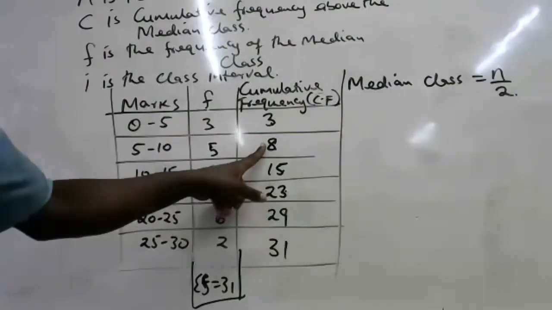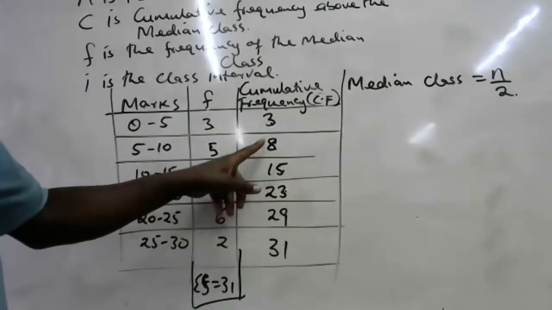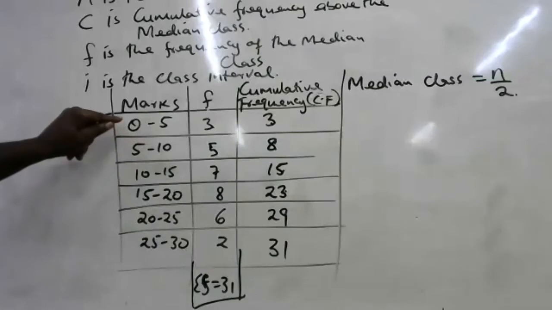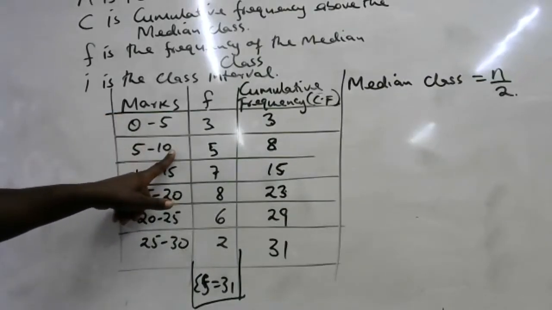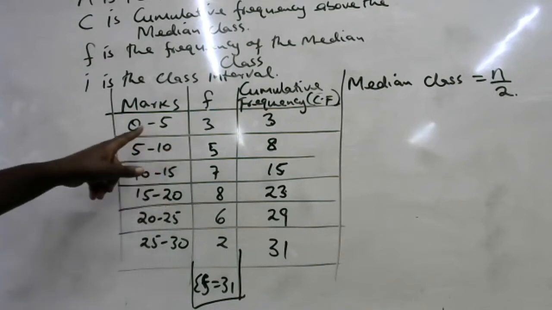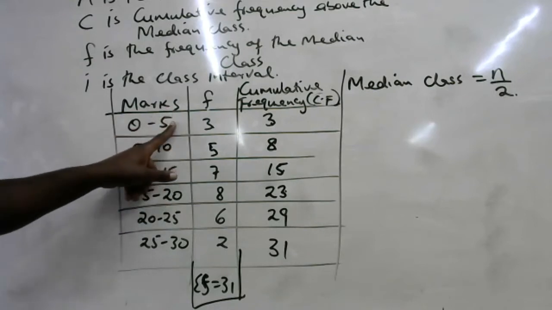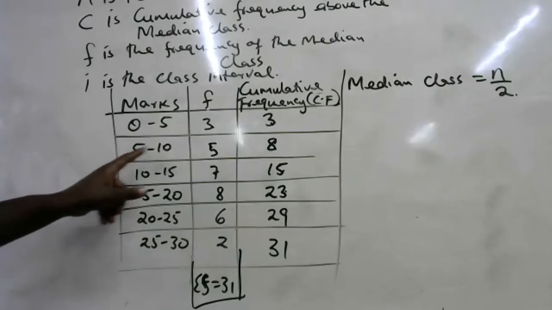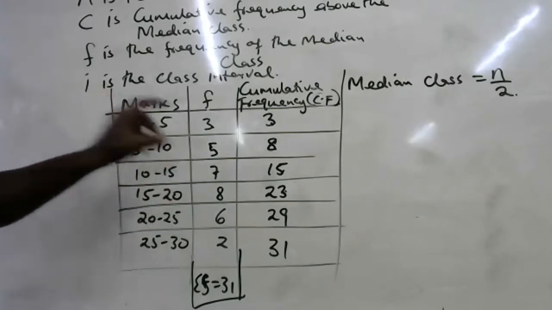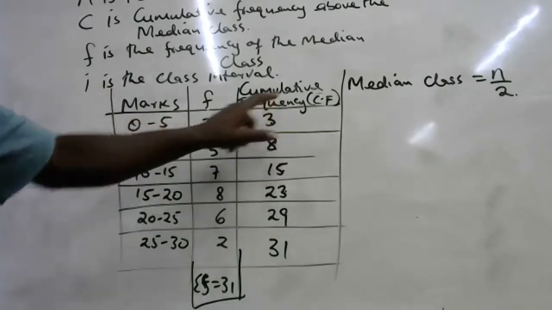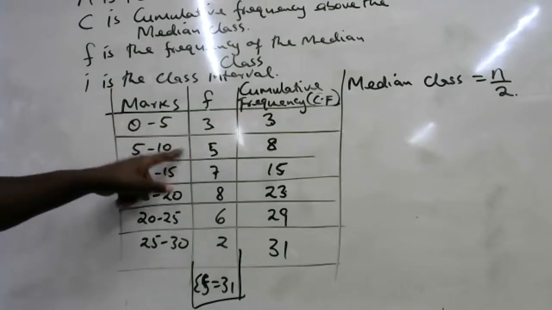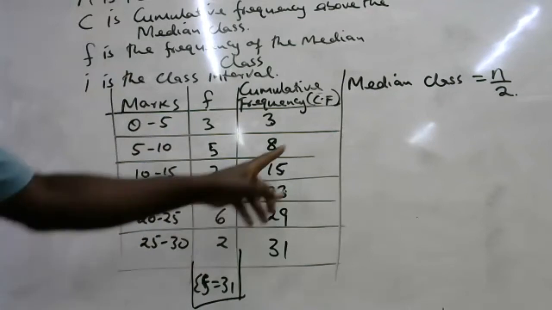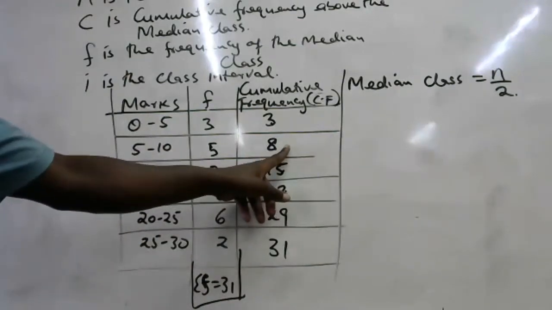When we have 8 here, we mean the first 8 students scored between 0 and 10. That is, those who scored 0 to 5 and those who scored 5 to 10 combined, which is why it is known as cumulative. Cumulatively, they are 8.